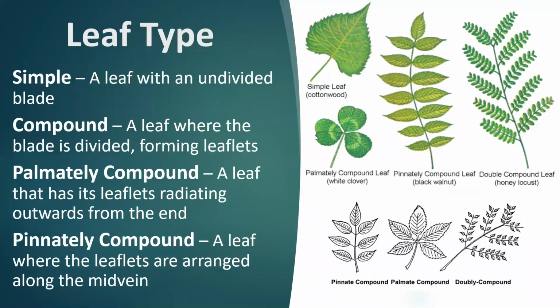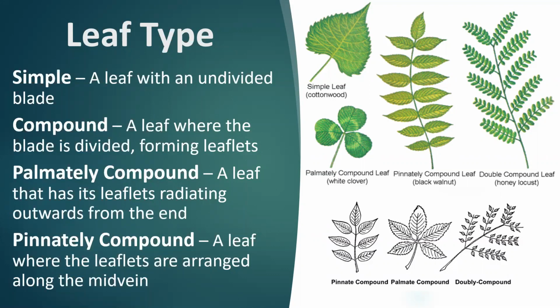That's a good example of a palmately compound. Then you also have a pinnately compound. So we actually have several different types of compound leaves. We have the palmately compound, and then we have the pinnately compound. And as we carry through this discussion, you'll start to see how important each of these different leaf types are in terms of identification.